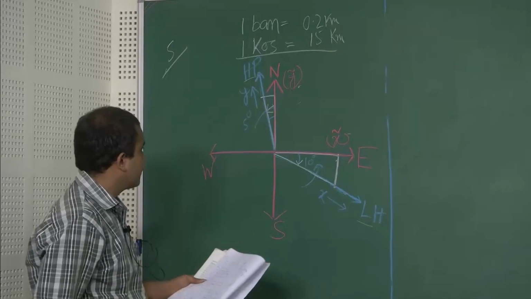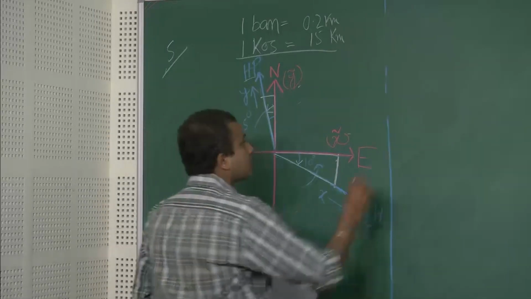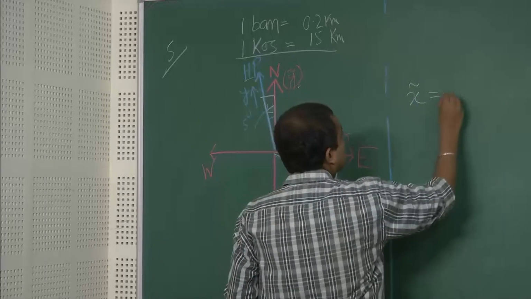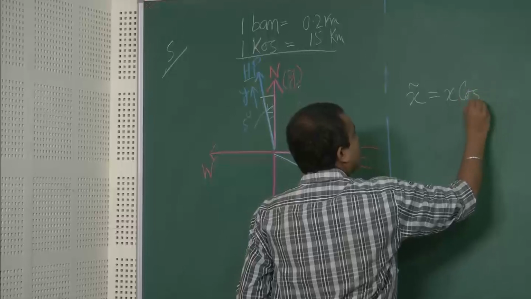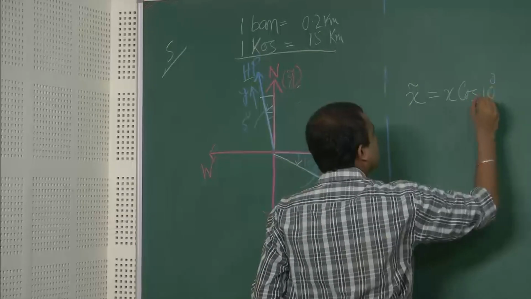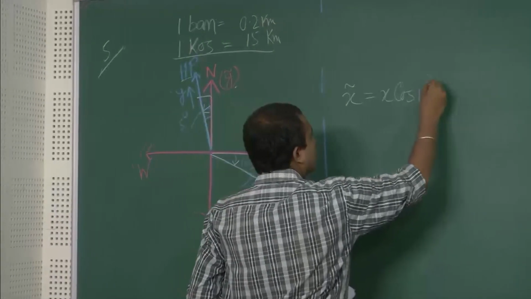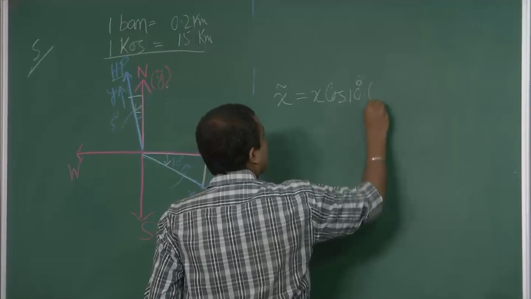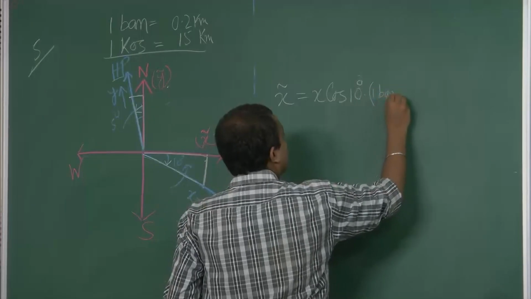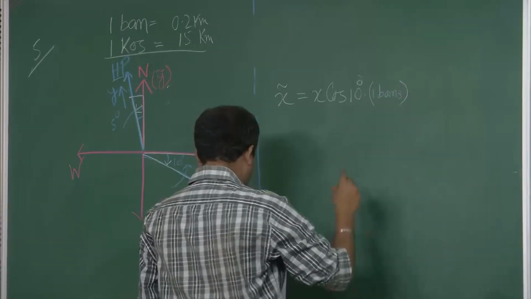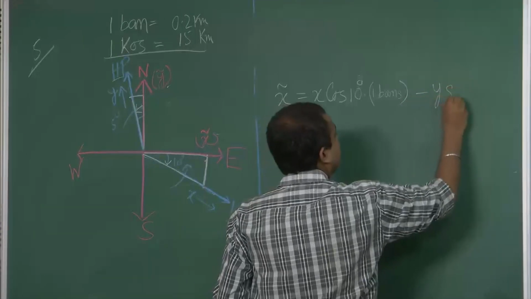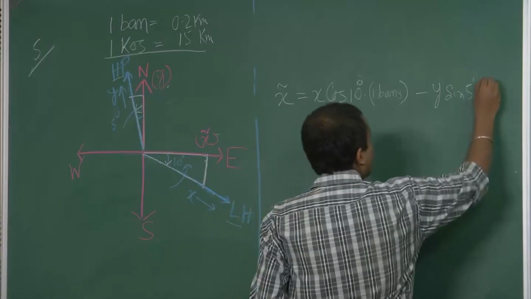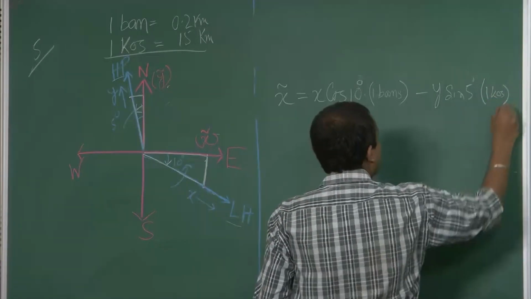If you do that, then it gives something like x tilde equal to x cos 10 degrees, plus y sin 5 degrees, over the band.